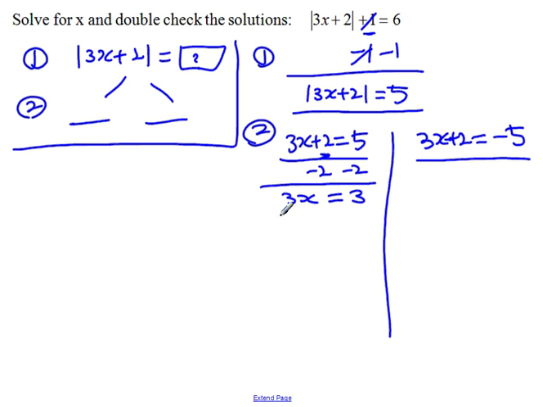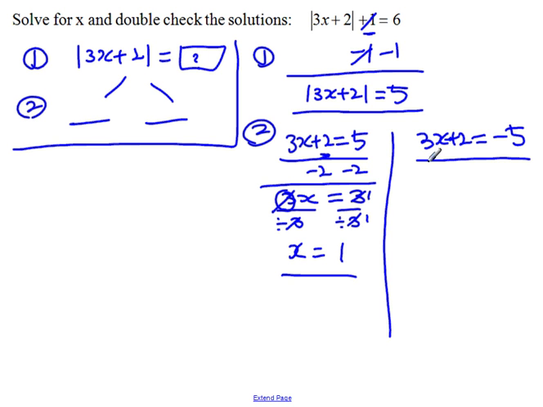And then we need to remove this factor 3, so we divide the equation by 3. On the left side, these threes are cancelled out, so we get x. And on the right side, again 3 and 3 are cancelled out, so we get 1 over 1, that is 1. So this is one solution.